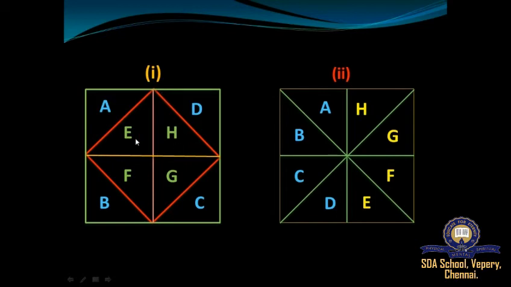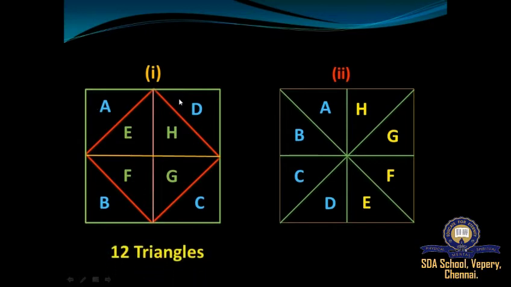When I combine E and H, I get another triangle. So taking the combinations of E, F and F, G and G, H and E, H, I get 4 different triangles. So there are totally 8 plus 4, that is 12 triangles.